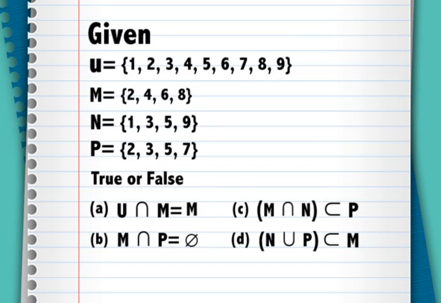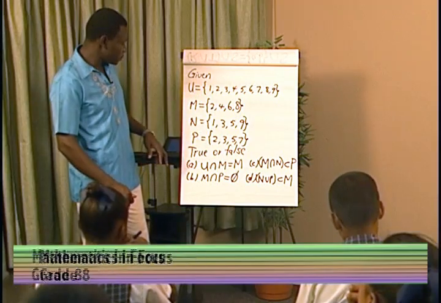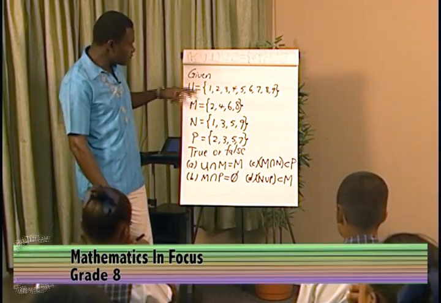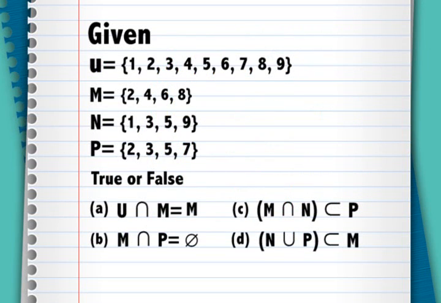So the intersection of the universal set and the set M will be M itself. Right? We can just know that by that. But then we can go back here and look. What is the intersection of these two sets? We see we have 2, 4, 6, and 8. So it therefore means this entire set is the intersection of these two sets. So this first one here is true.